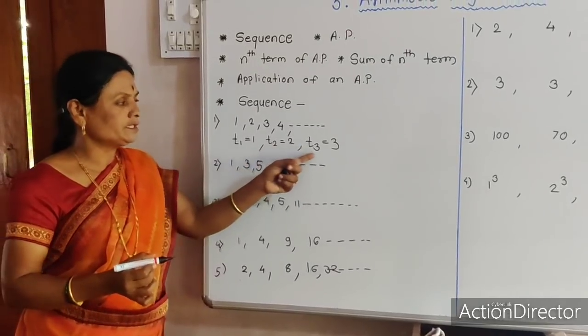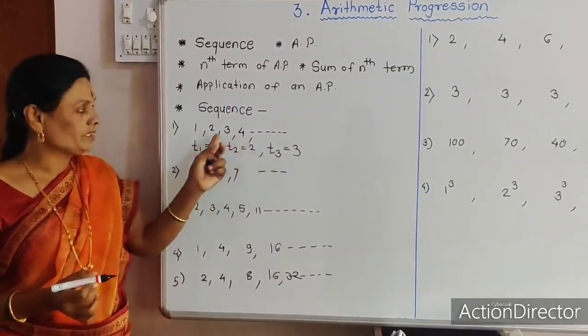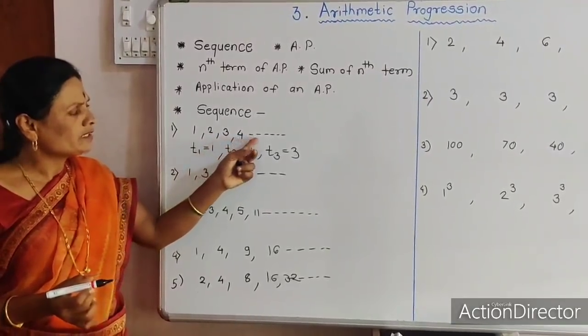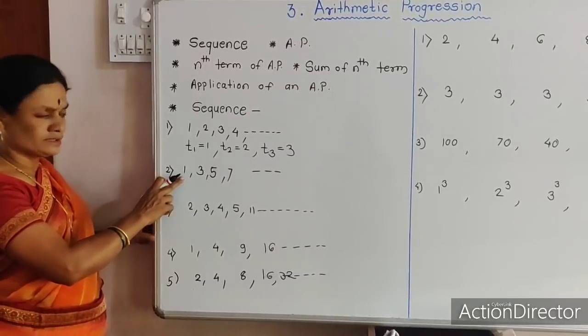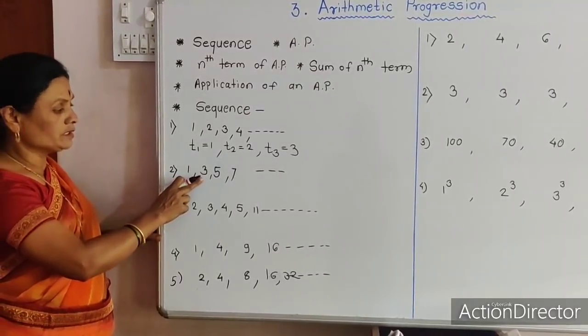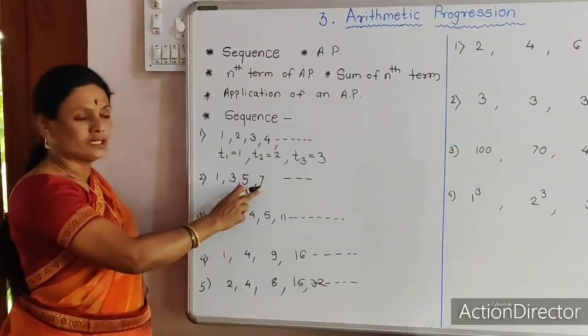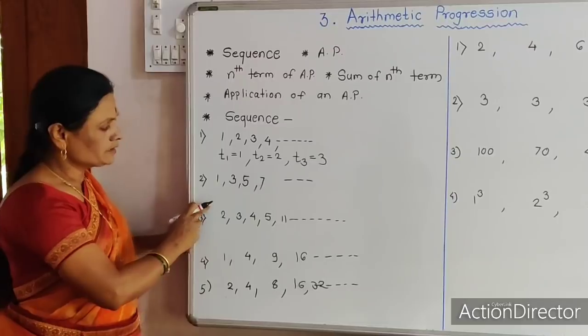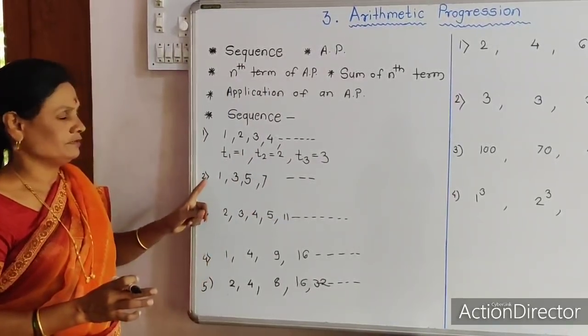T1, T2, T3 are the terms in that sequence. We can write some more terms also here. Third term T3, fourth term T4. In the same way, we write all the terms in that sequence.